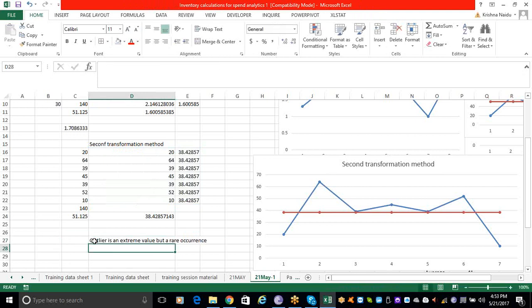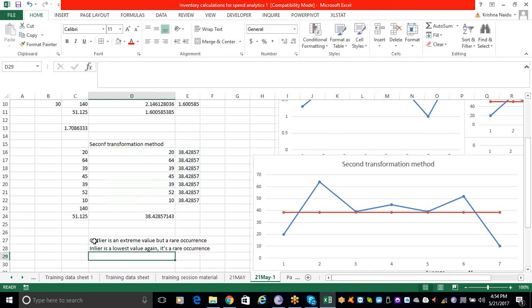Okay, so a value which is an extreme value, but it's a rare occurrence, will not happen again and again. Similarly, there is one more called inlier, which is a lowest value, but again it's a rare occurrence.